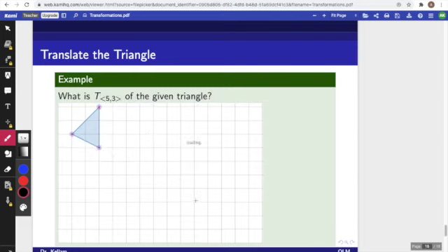Now, let's do this translation. What is the translation 5, 3 of the given triangle? Well, the translation 5, 3 is telling me to go right 5.